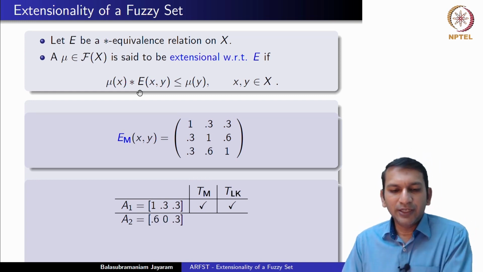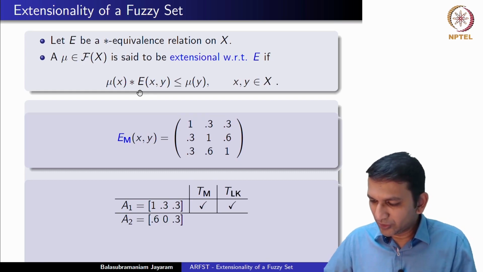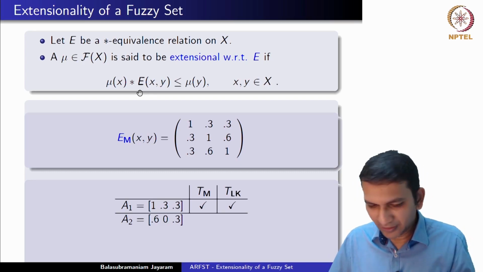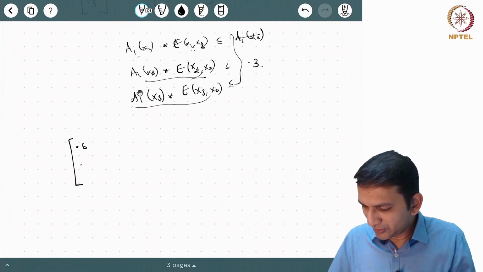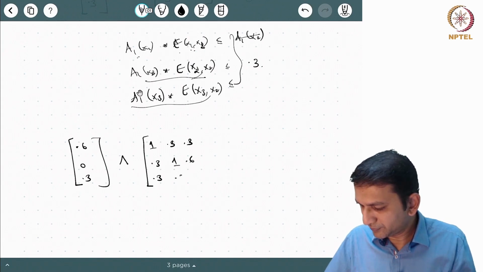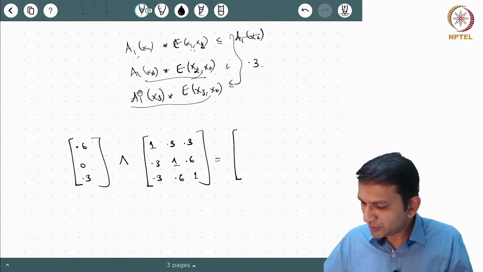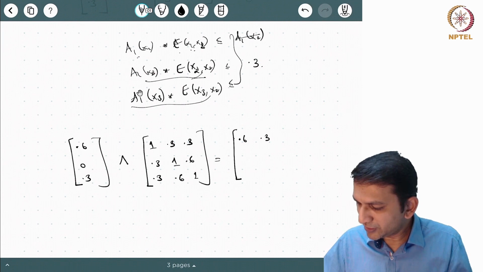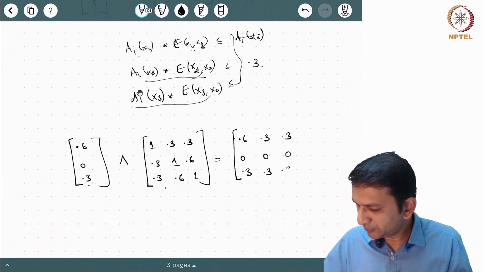Now, let's consider A2. So we need to do the same thing again. Let's write A2 like this, (0.6, 0, 0.3), and we consider min: 0.6 min 1 is 0.6, 0.3, 0.3, 0, 0, 0, 0.3 in this row, 0.3, 0.3, 0.3.